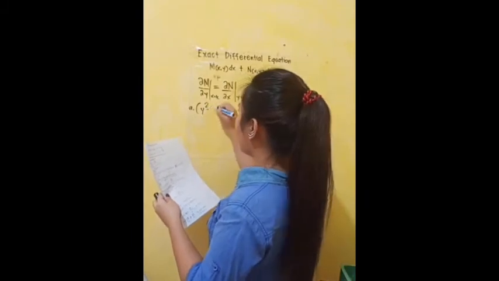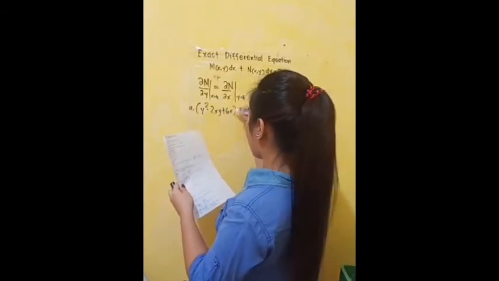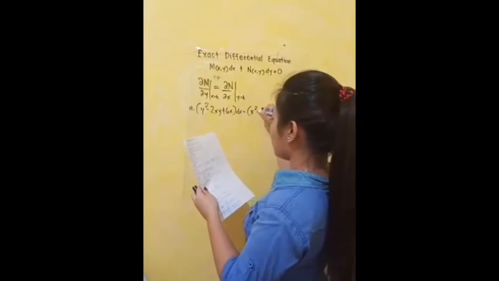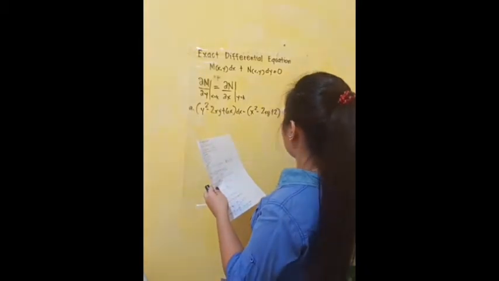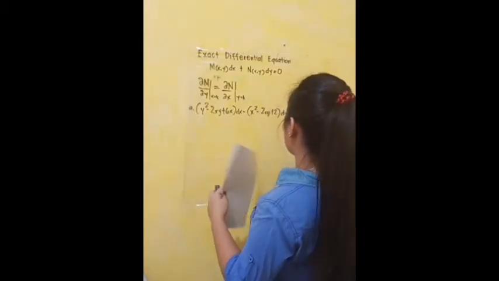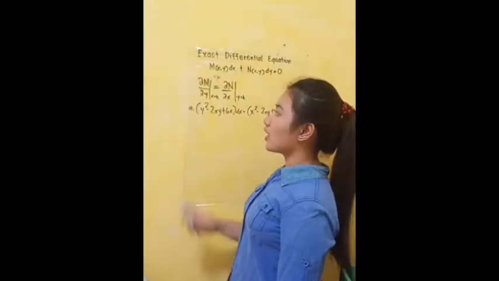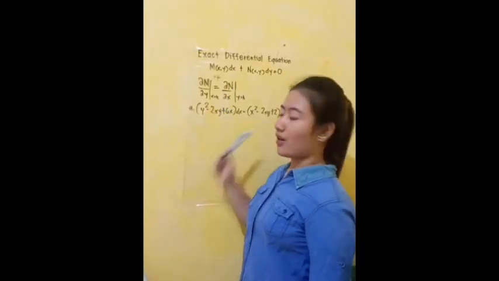y squared minus 2xy plus 6x dx minus (x squared minus 2xy plus 2) dy is equals to 0. So, ang first step natin para malaman kung exact equation ba siya is to determine where is the M and where is the N in the equation.